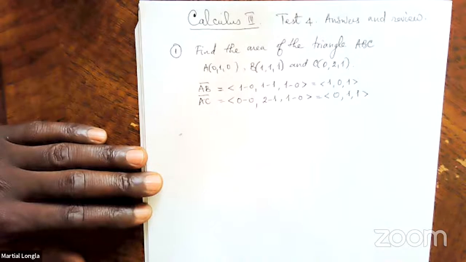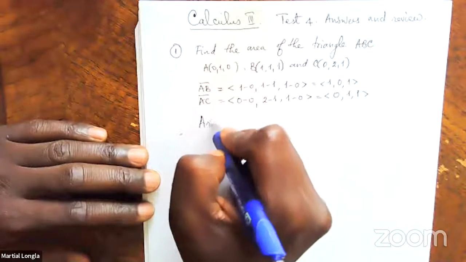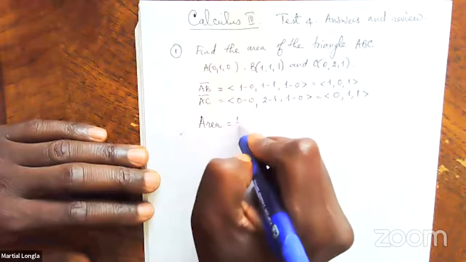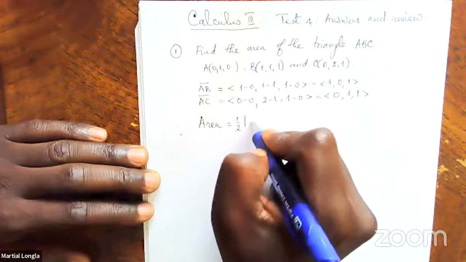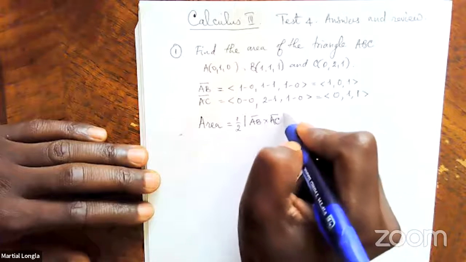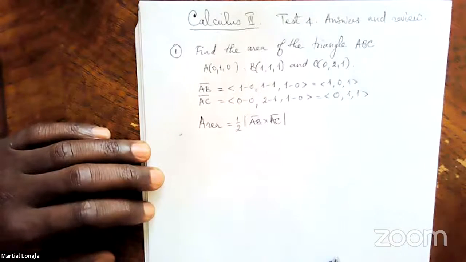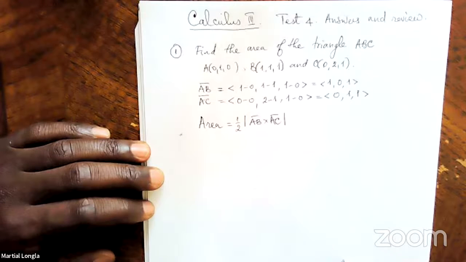So these are the vectors AB and AC, and the area is 1/2 of the magnitude of AB cross AC, because it's a triangle. If it was a rectangle, that would just be the magnitude of the cross product.